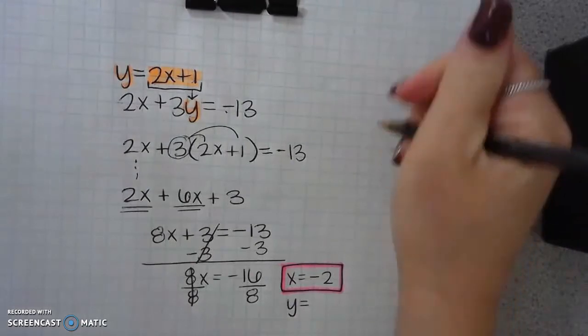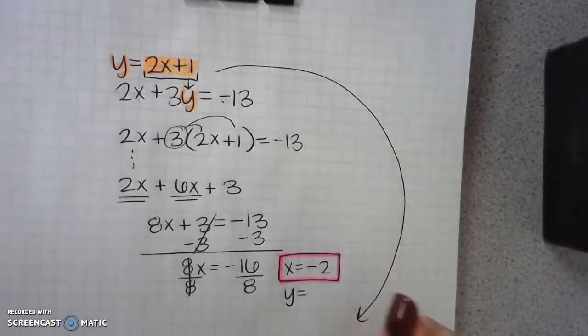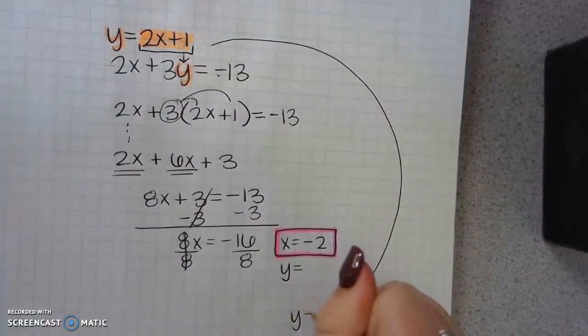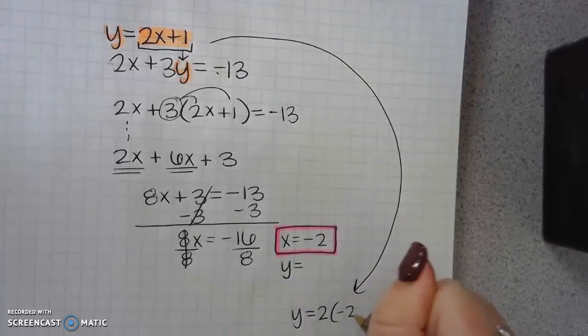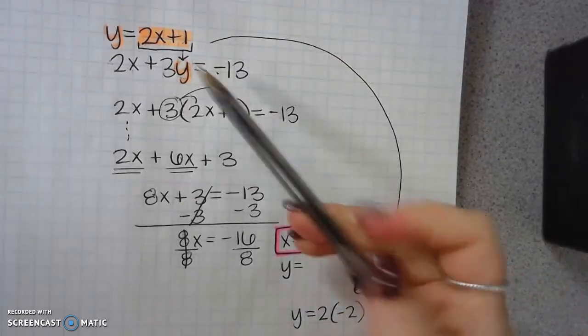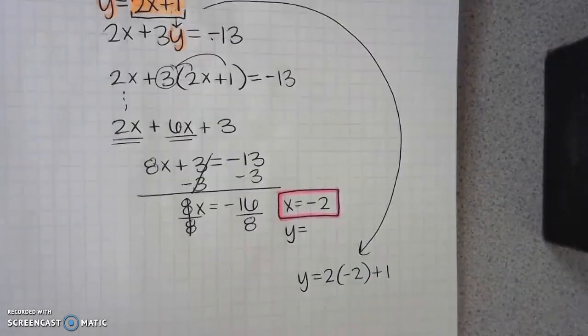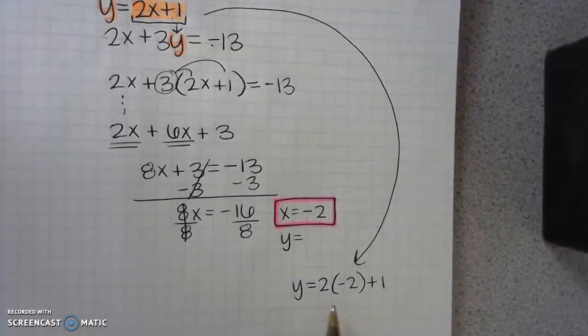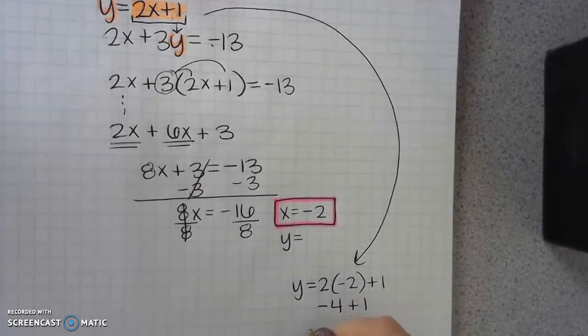So all you have to do, I'm going to just drop this down here. y equals 2, and then my x that we just found was negative 2. And then, what was it? Plus 1. Okay. And then 2 times negative 2 is negative 4, plus 1 is y equals negative 3.